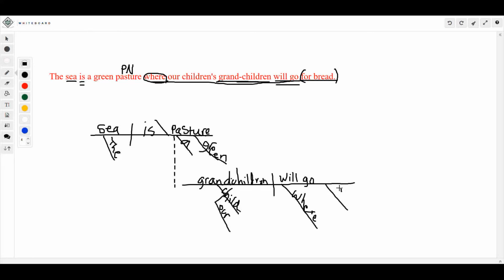So we have our preposition, and then come off of here, we're going to put our OP, which is bread. One more little thing. We've got to connect the word where to here, because whatever word we connect to up here tells us what it is. So we're just going to do this. Ta-da! There you go. That tells us that this is adverbial. It's an adverb clause.